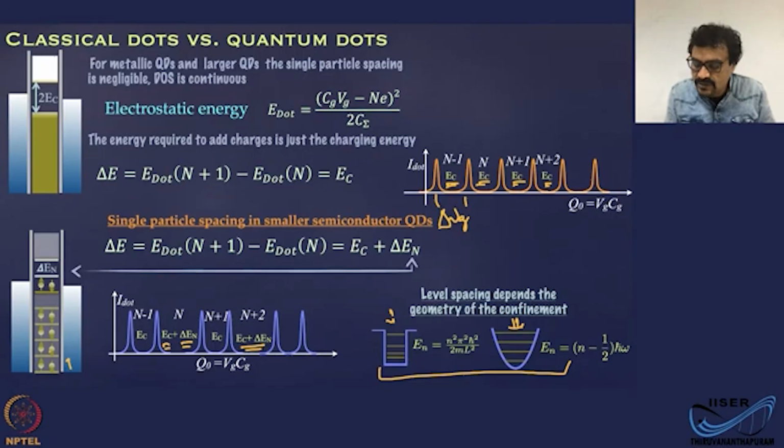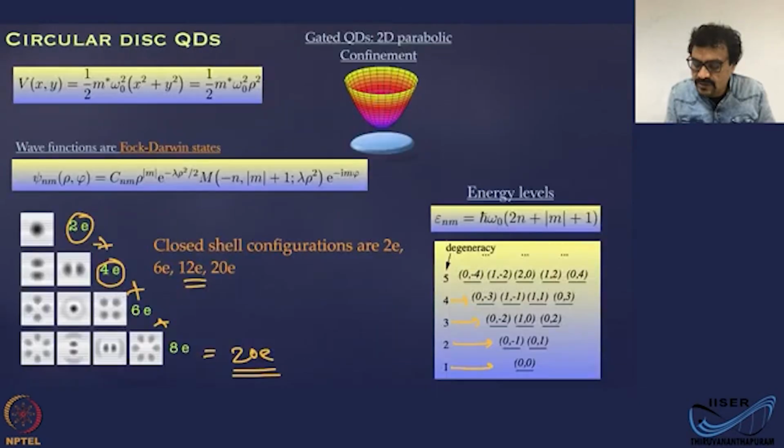There are provisions to apply voltage and measure the current, which is not possible with the natural atom. So here you can directly measure from a simple transport measurement the shell filling and the atomic structure. You can characterize the atomic structure. Okay. So there are a lot of analogies and there are a lot of advantages in this case.